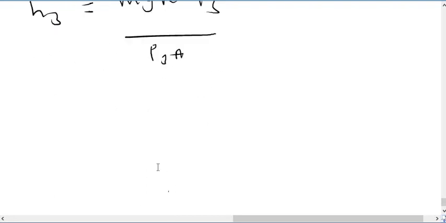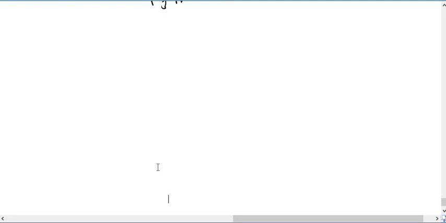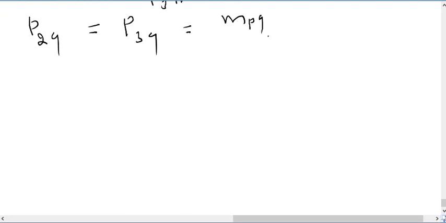Now at equilibrium, P2 of the gas must be equal to the P3 of the gas at equilibrium, which is the mass of the piston times acceleration due to gravity all over A, by applying Newton's law of motion.